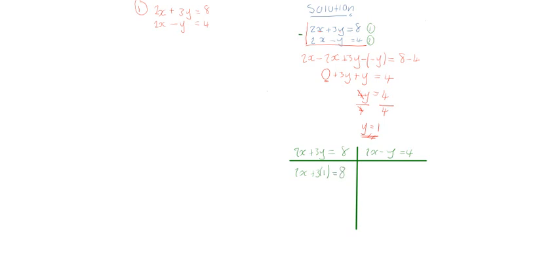So I'm having 2x here. What is 3 multiplied by 1? 3 multiplied by 1 is 3, is equal to 8. Okay, so now this is an equation. How can we solve this equation?